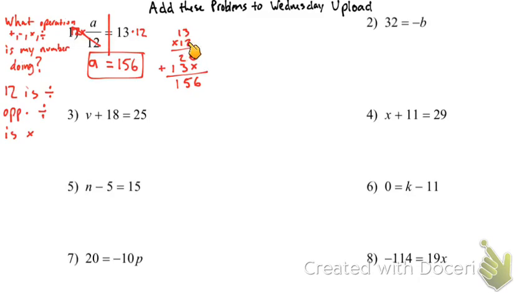Then 2 times 3 is 6. And then you take this 2 and do 2 times the other top number, which is 1. So 2 times 1 is 2. I did 2 times 3 first, that gave me 6, and then 2 times 1 is 2, and that's how I got 26 here.